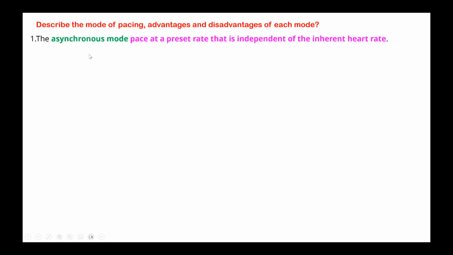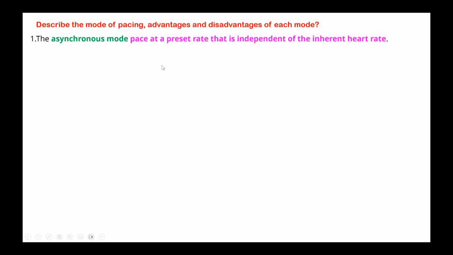One is the asynchronous mode, which we just saw, where the pace is at a preset level, independent of the inherent contraction of the heart. So whatever the heart rate, the asynchronous mode will deliver a preset rate without interfering with the native contraction.